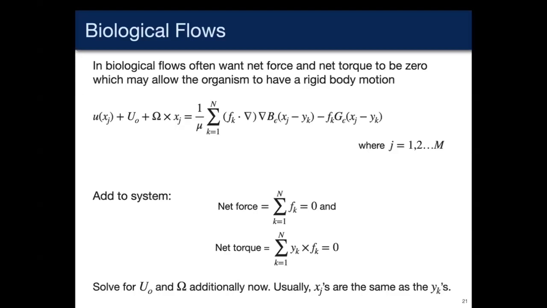And so I know the velocity of my swimmer. I am going to then solve for the forces at those points. And that's by inverting the matrix. And the xj's and the yj's are the same. So then I have my forces on the swimmer, and then I can solve for the flow, the velocity outside the swimmer somewhere once I have those forces.